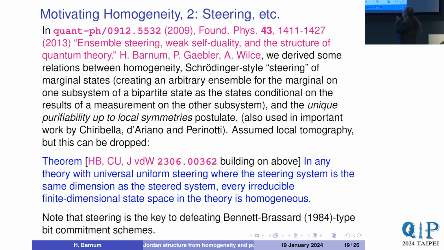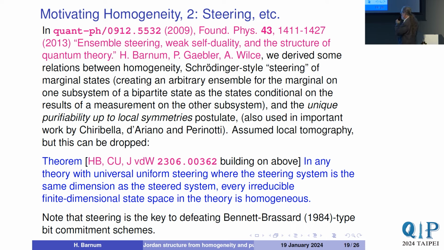So here's a little bit about steering, and it's pretty much based on this paper by myself, Philip Gabler, and Alex Wills, from 2009 and 2013. We related homogeneity to Schrodinger-style steering of marginal states. And what's that? You want to make any ensemble for the one marginal of a bipartite state as the conditional states of a measurement on the other part of the bipartite state.